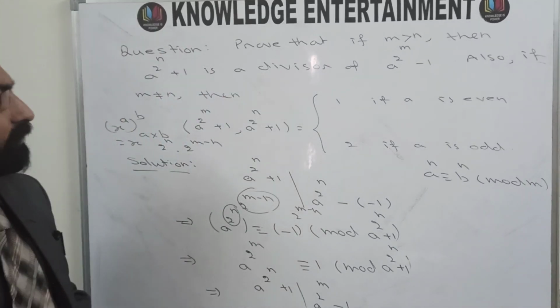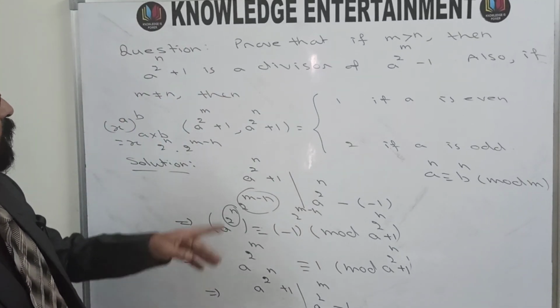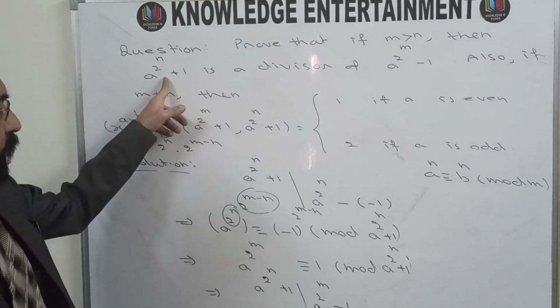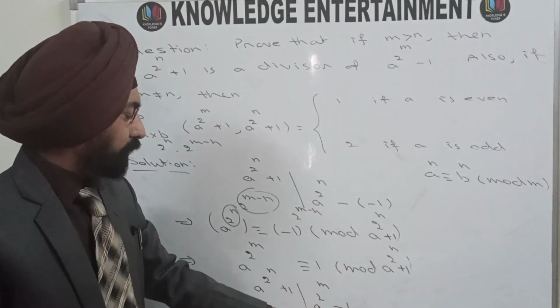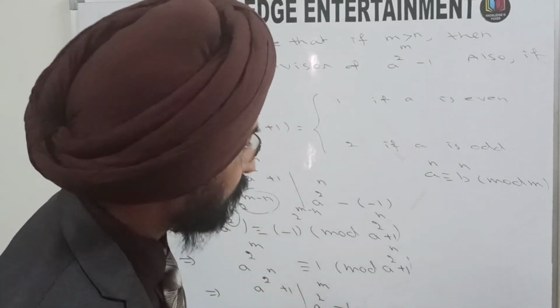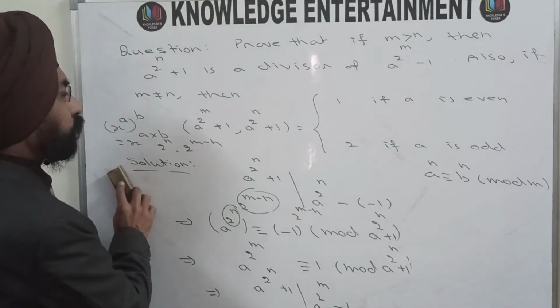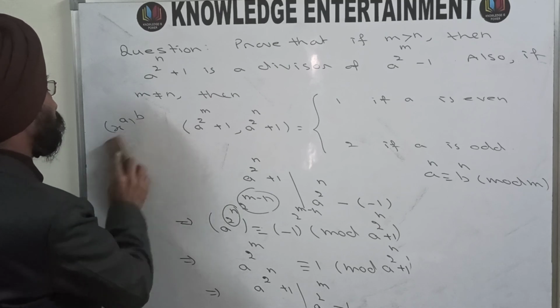So the first part is proved: a raised to the power 2 raised to the power n plus 1 is a divisor of a raised to the power 2 raised to the power m minus 1. Now we will move on to the second part of this question.